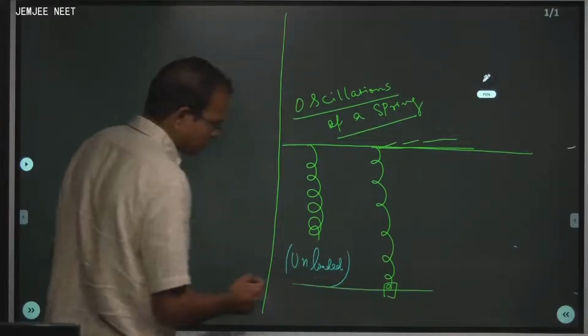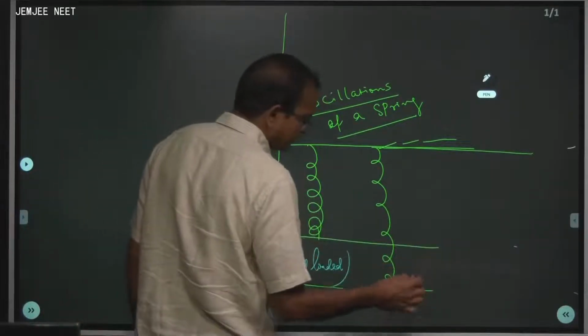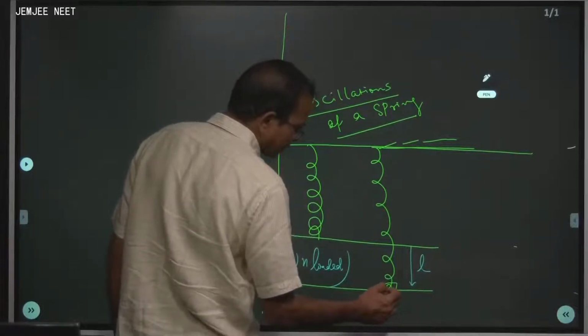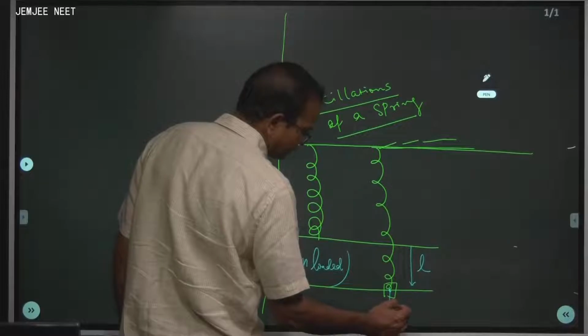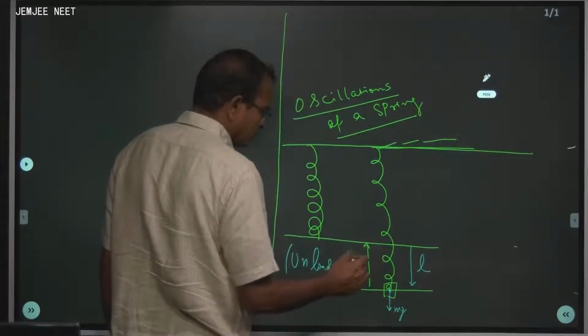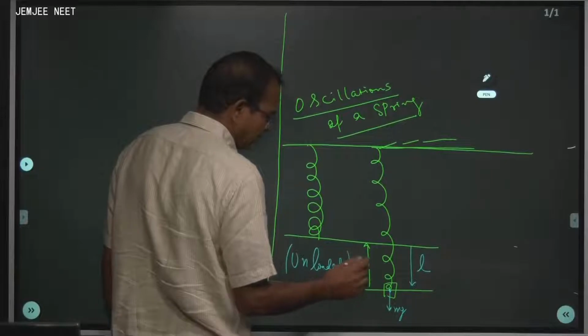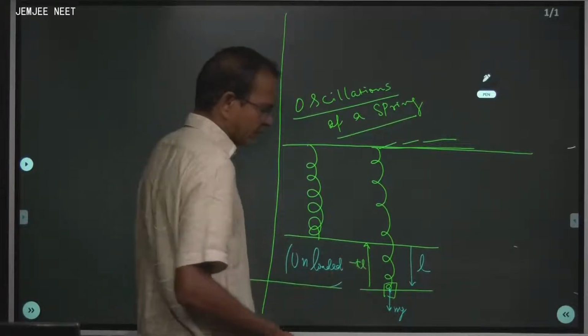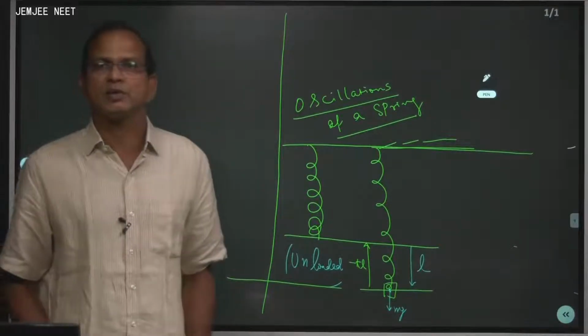Now this spring gets elongated by the distance L because you loaded it. Then this becomes mg and this becomes minus k into L, where k is the spring constant.